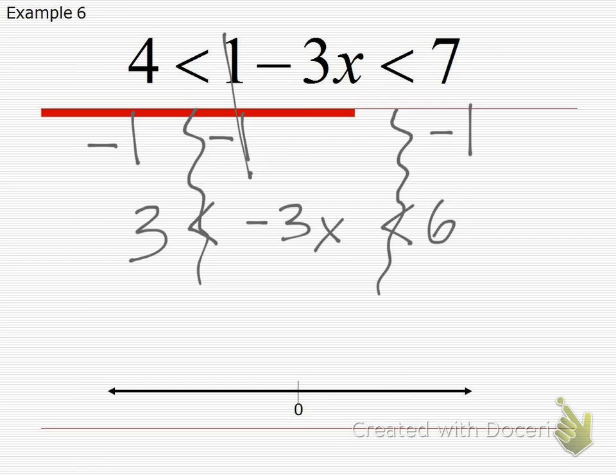Next, to get the x by itself in the middle, you divide by a negative 3. So I'm coming up with negative 1. What do I do with the symbols anytime I divide by a negative? Flip them. Same thing applies on compound inequalities.